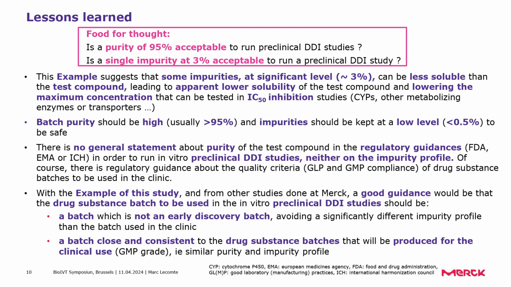In that part of the development of a project, we can invest in structural elucidation of impurities if they are prominent, and check the structure and the pharmacological activity of such compounds. In this case, it was an early batch and we didn't invest in this.